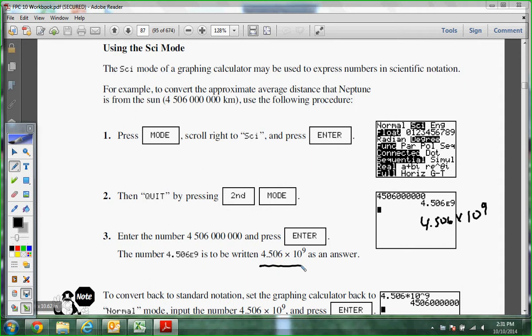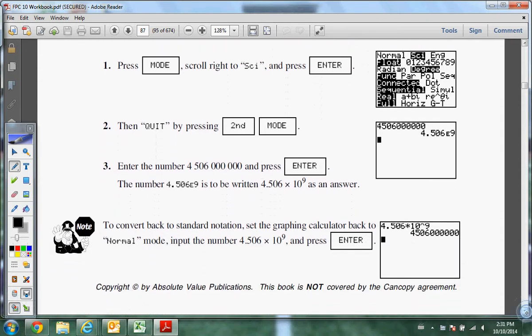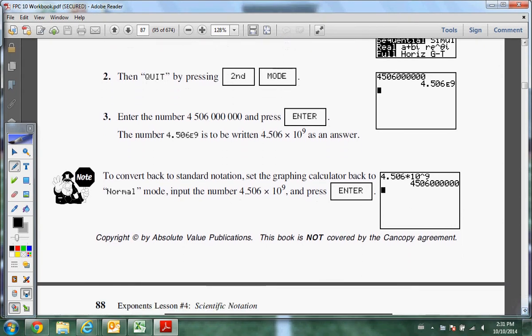Questions on that? To convert back to standard notation, you would just go back to your standard form.